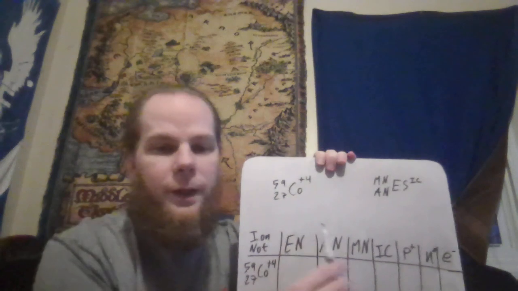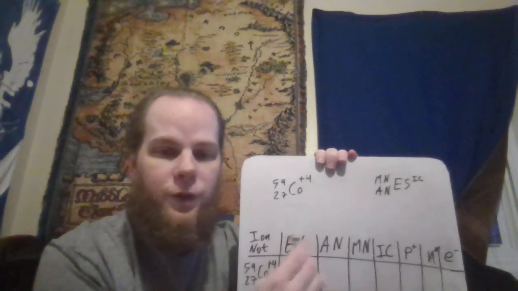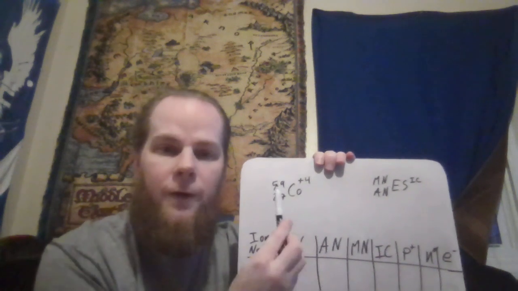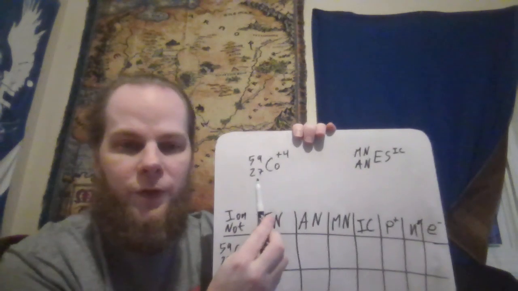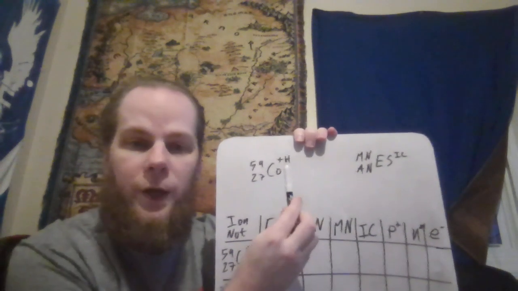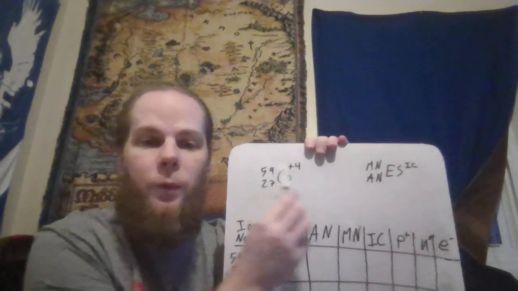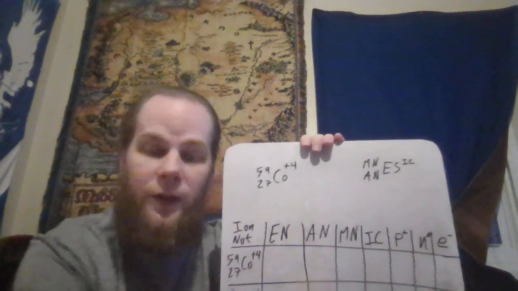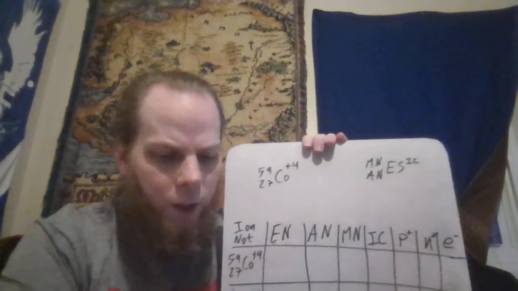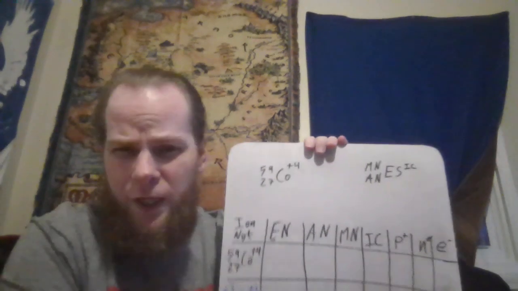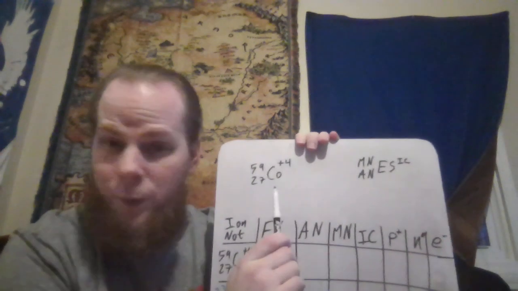All right, so this is the ion notation that we're going to be going through: 59 over 27 Co with an exponent plus 4. Whenever you see something written like this, this is an ion notation. There are a couple of variations on ion notation, but this is the one that we're going to be using.